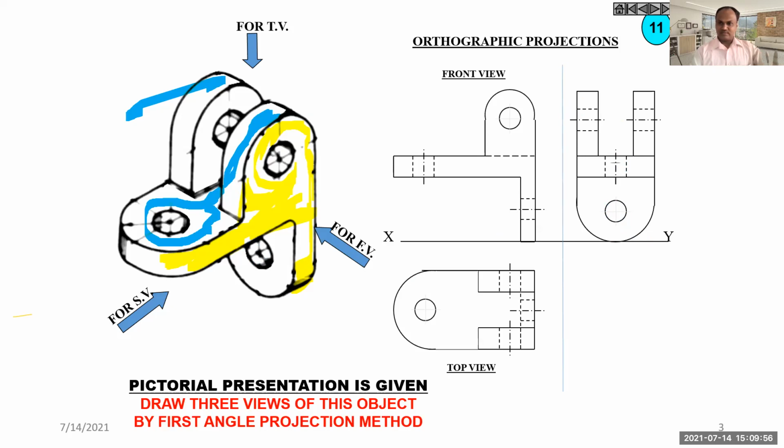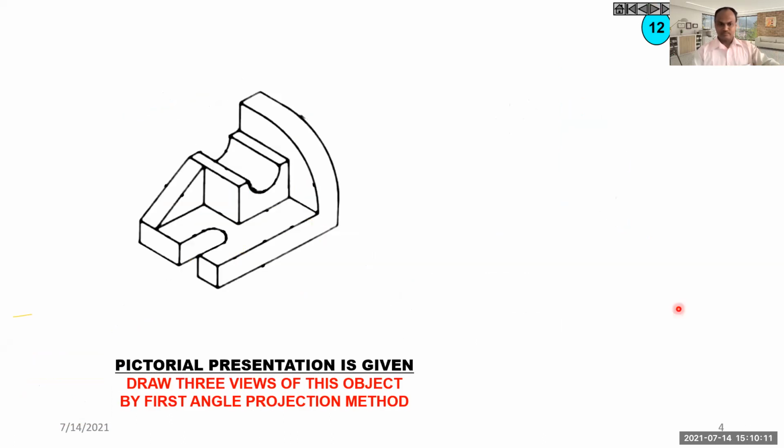Now we'll see the next example. This one. In this example, you will see this is seen as a front view. This portion will be seen as front view, and this triangular portion will be seen as front view.